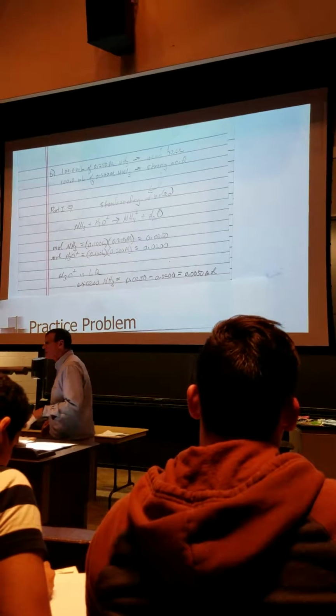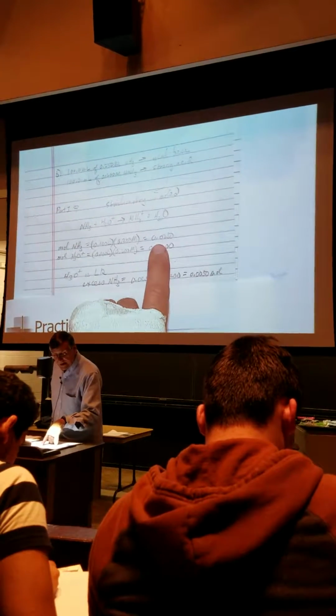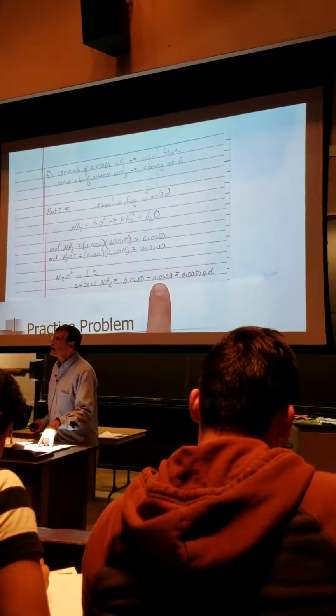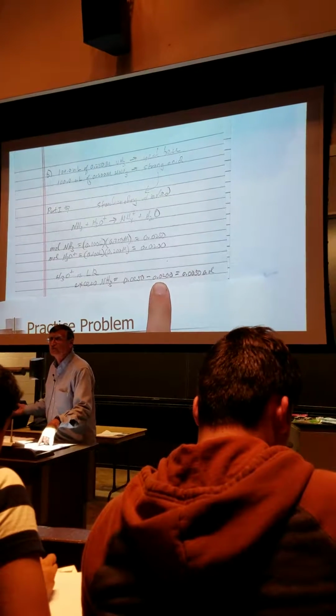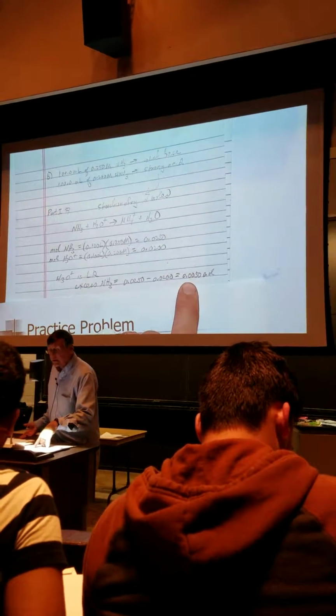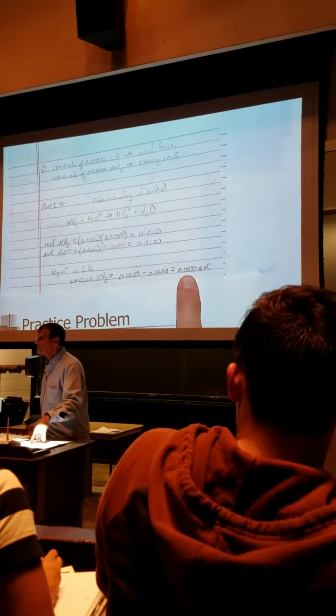What would the excess be in terms of moles? It's the initial 0.025 moles of ammonia minus the amount that reacted with the hydronium ion, which is equal to the moles of hydronium ion. That gives you the moles of ammonia left over, 0.005 moles.